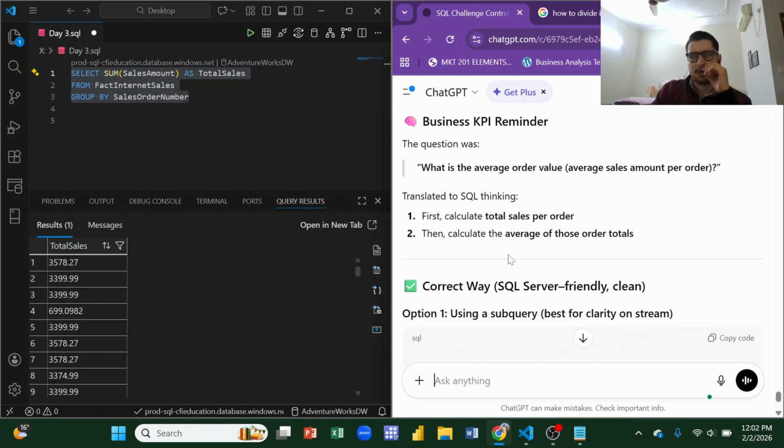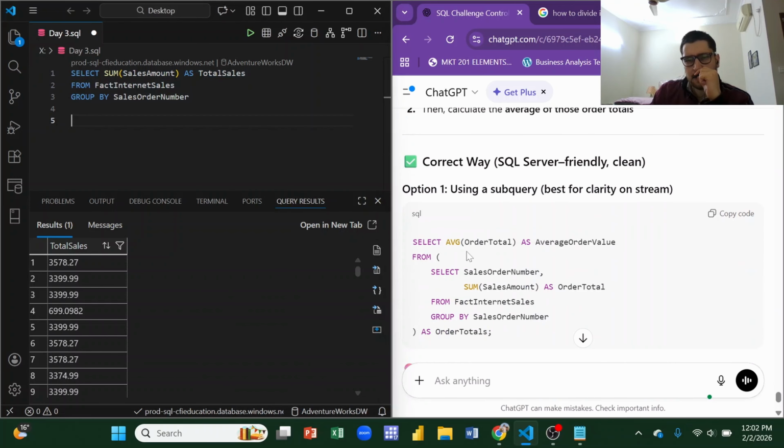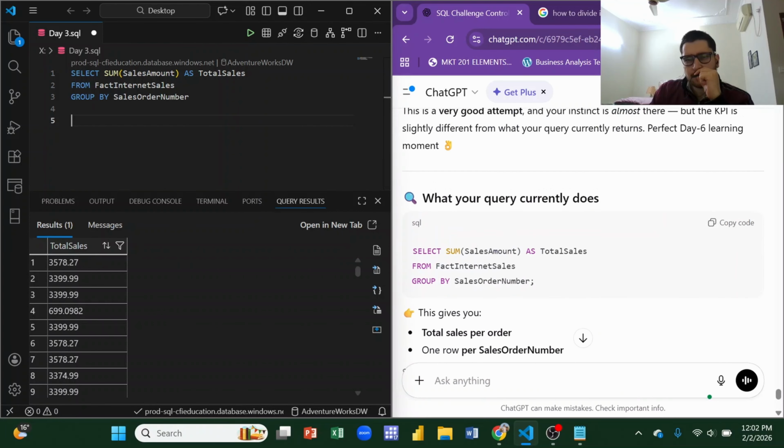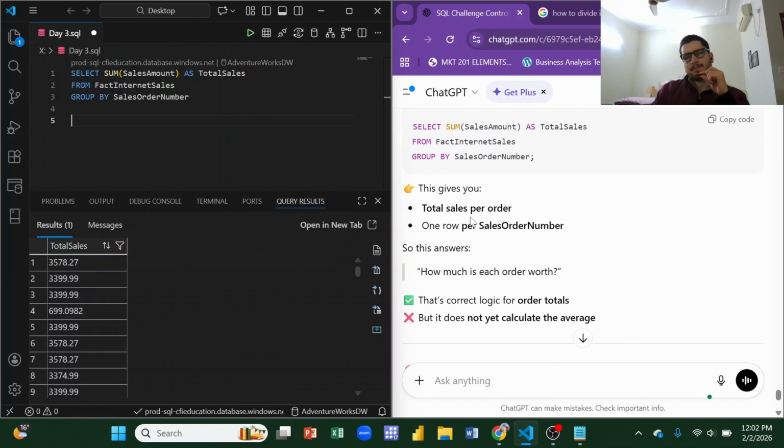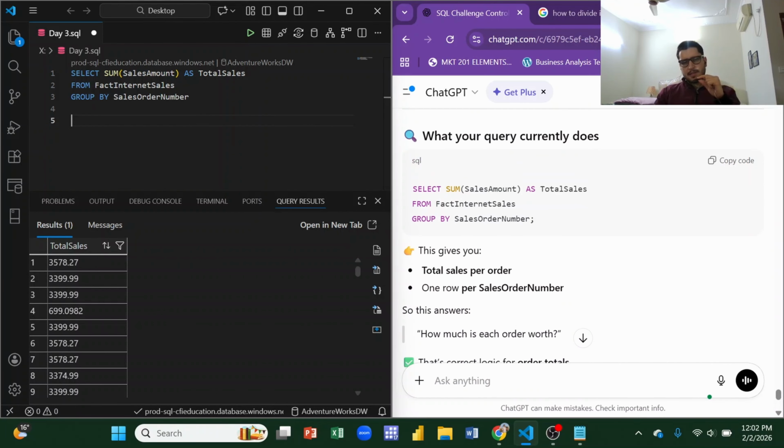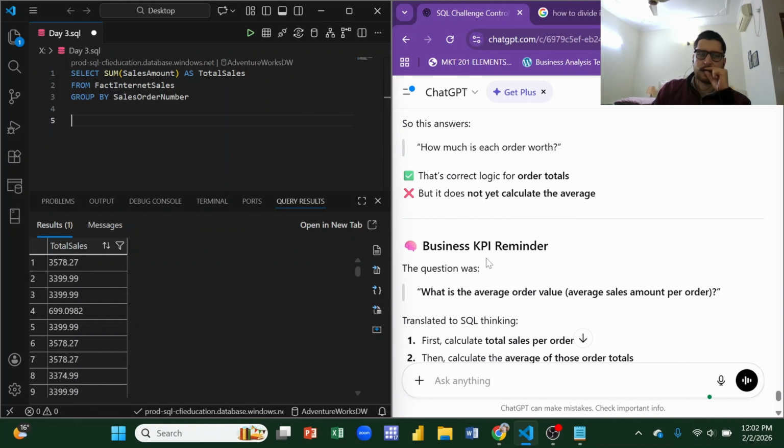Okay, I don't understand what it says. Where did I go wrong? I want to check that. So it says my query gives the total sales per order. That means every row gives me the sale value for every order. So this answers how much each order is worth.